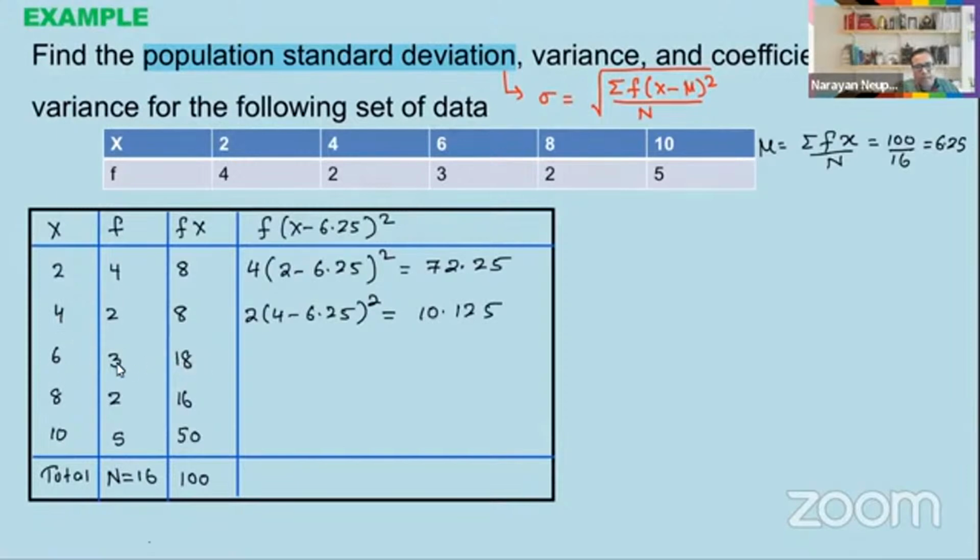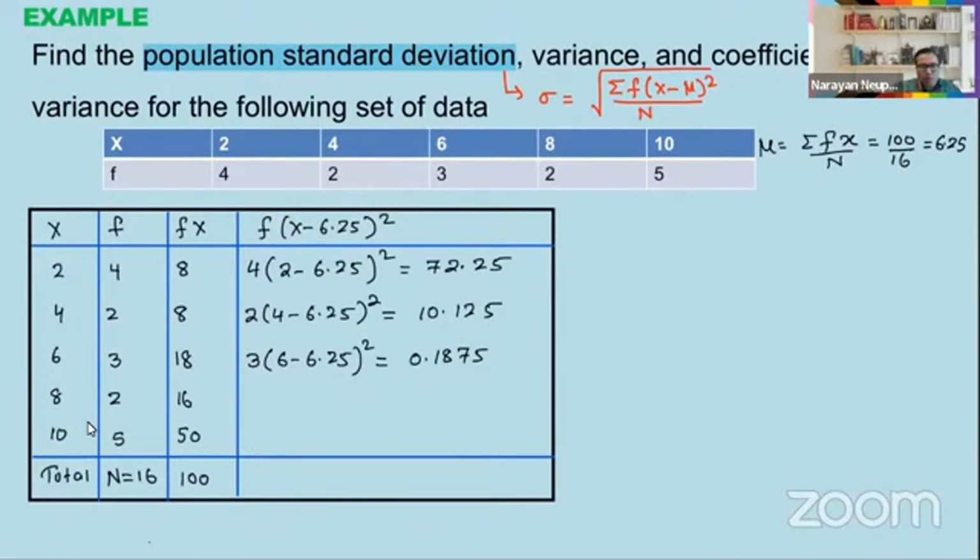You can see that the value of frequency is 3. X value is 6 minus 6.25 quantity squared. You should get 0.1875. Make sure each one of you type it and check it and verify that these numbers are correct.